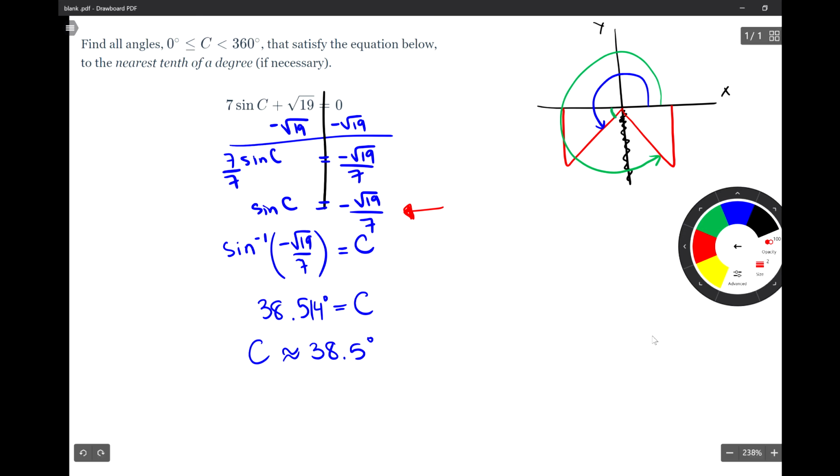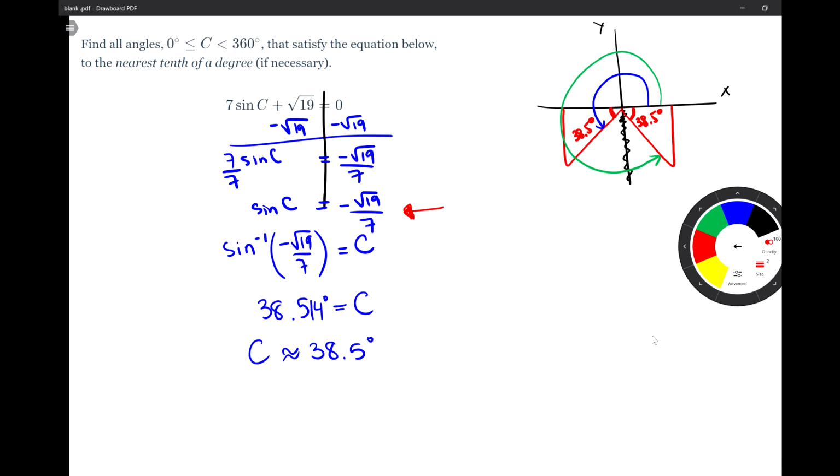This angle inside the triangle is 38.5 degrees, and also this angle right here is 38.5 degrees, but not the angle in standard position yet. That's why we learn how to find the angle in standard position at the beginning, so now we can apply it to this concept.